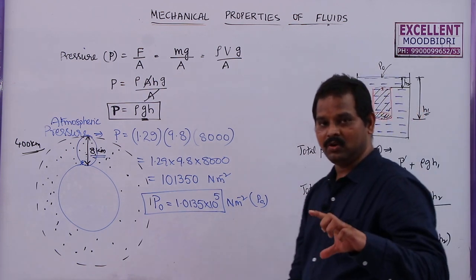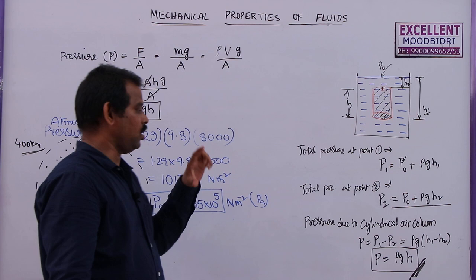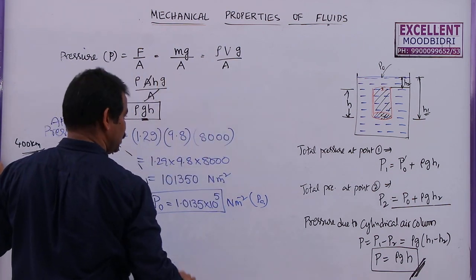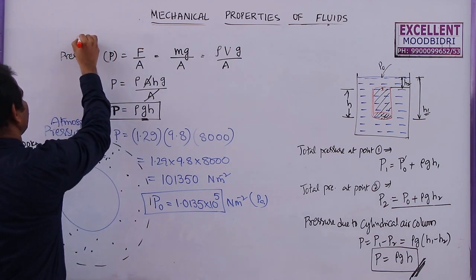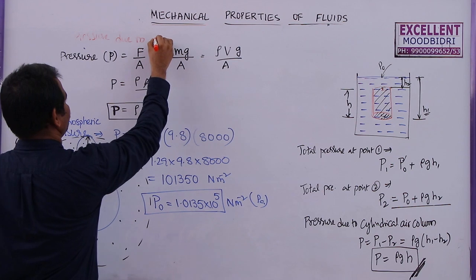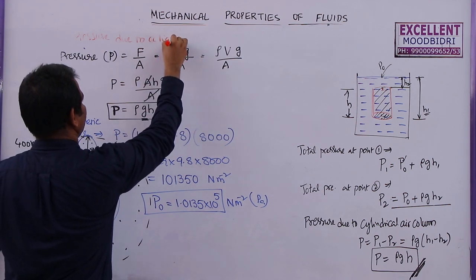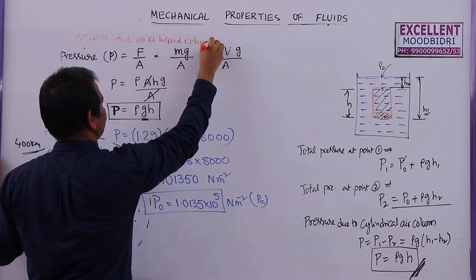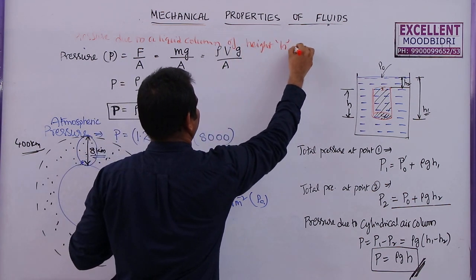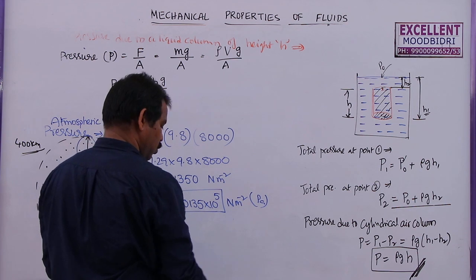Finally, pressure due to a liquid column of height h is given by rho g h.